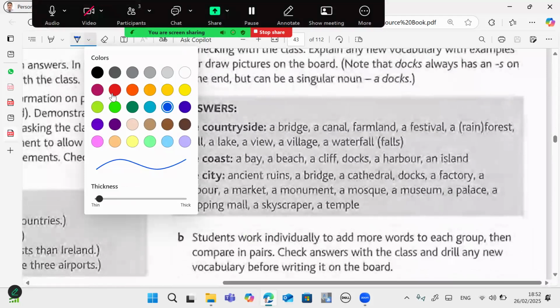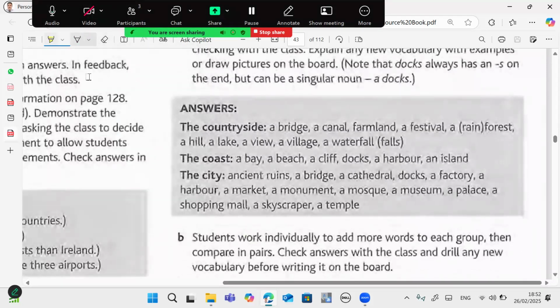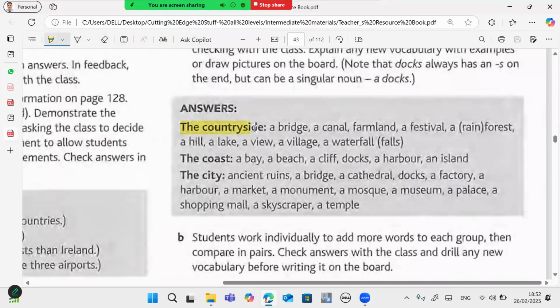Okay. So here, the first group, the countryside. The second group, the coast. The last group, the city. In the countryside, here you can see a bridge, a canal, farmland, a festival, a rainforest, a hill, a lake, a view, a village, a waterfall or waterfalls.